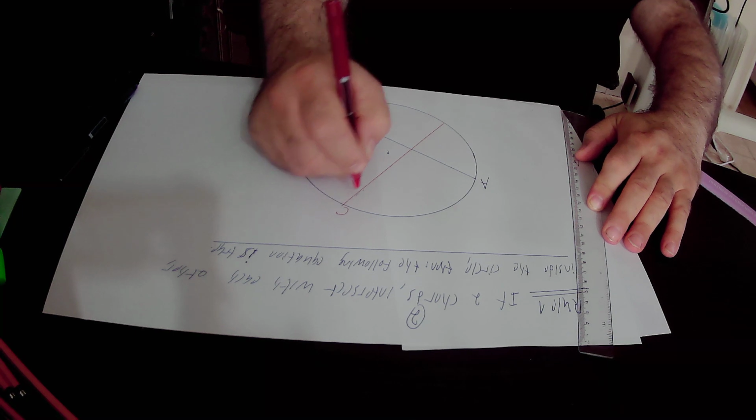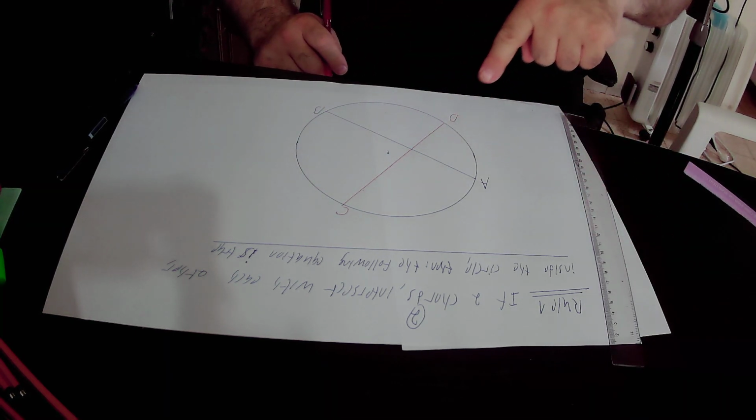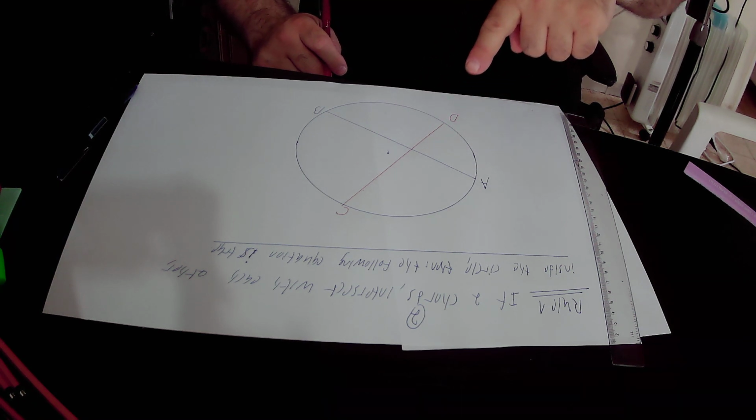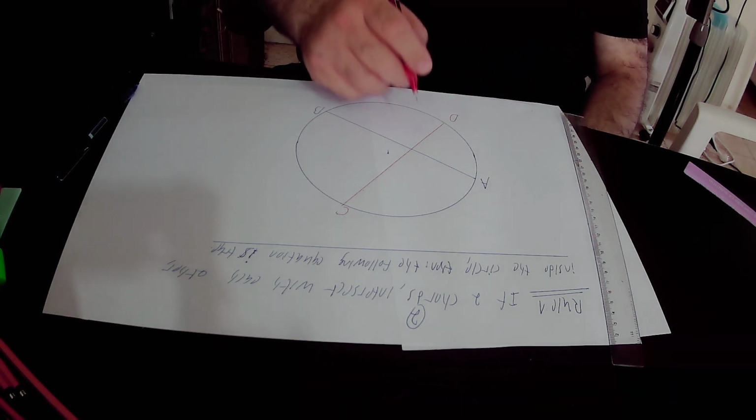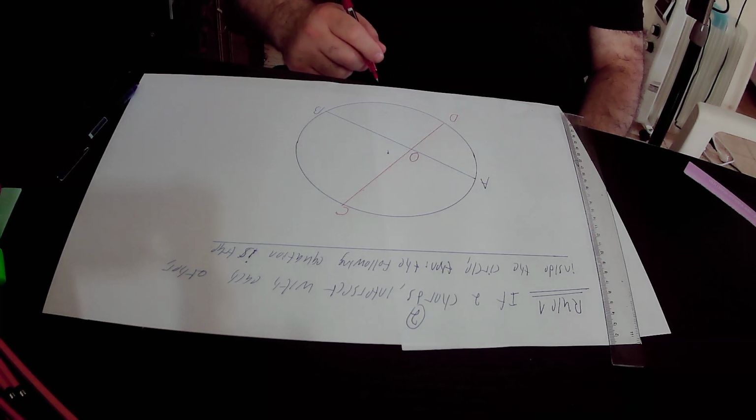This is chord CD. I repeat again: chord AB intersects with chord CD, the red line, at point O. Point O is the intersection point of chord AB with chord CD.